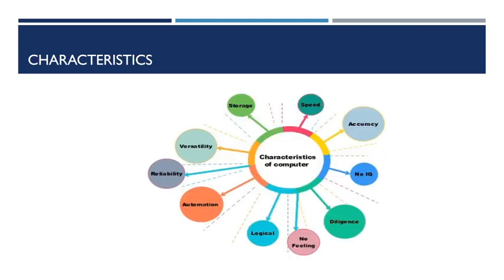Okay. Now, what are the main characteristics or the features of a computer? The first thing is speed. A computer operates at a very high speed and can perform very many functions within a short period of time.